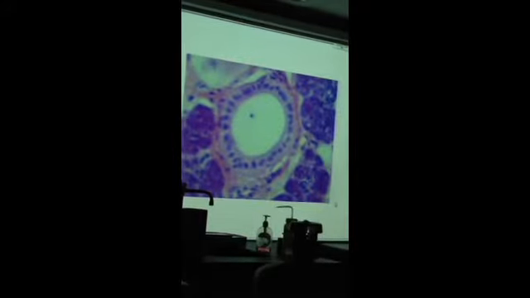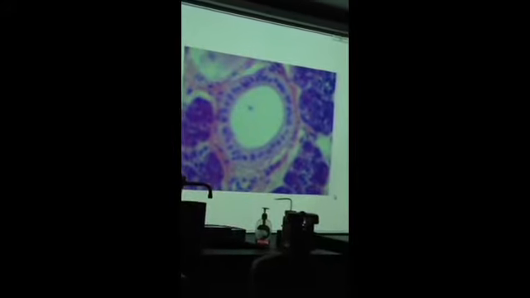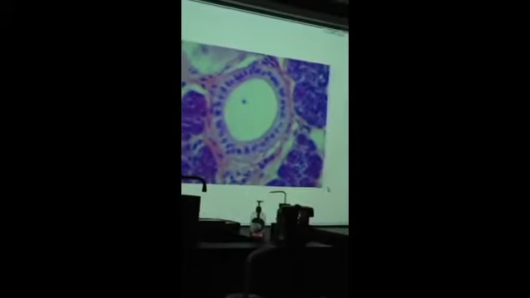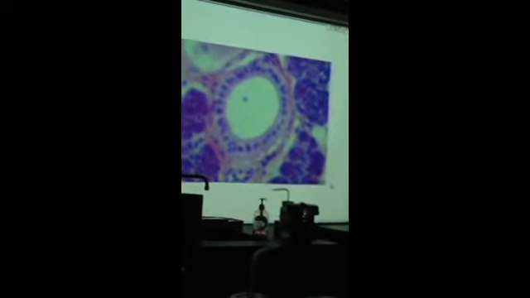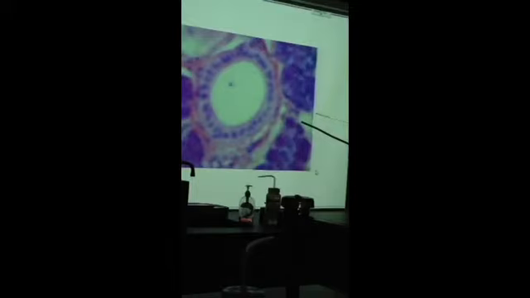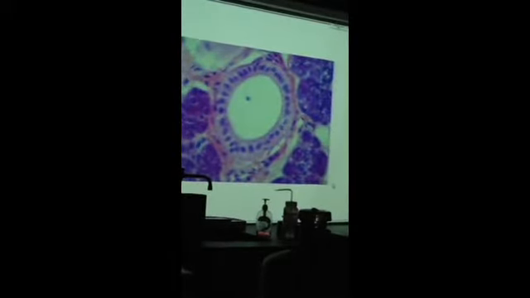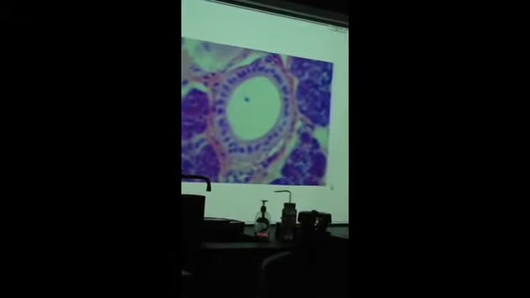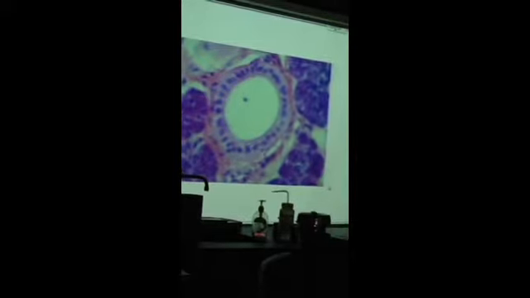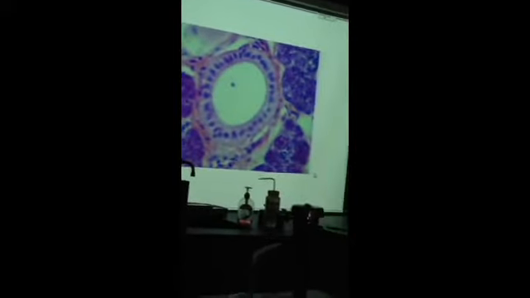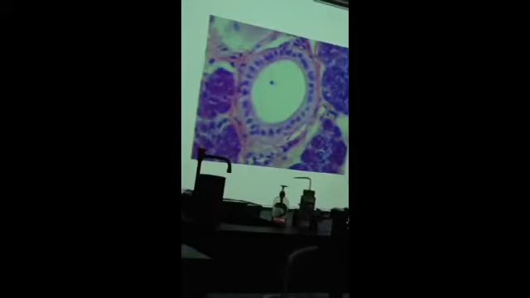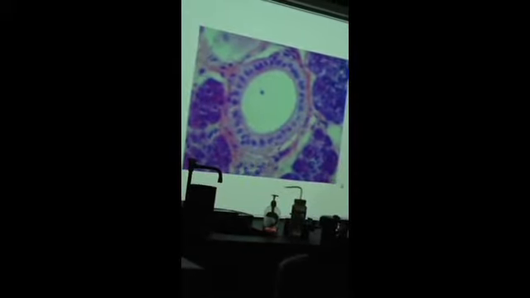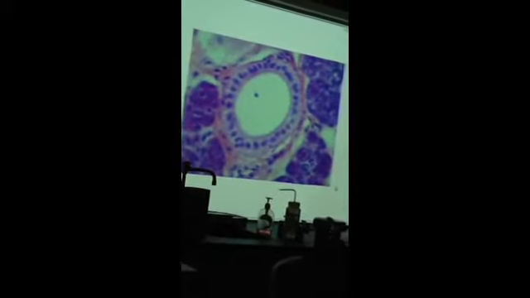Here's a very good salivary gland duct. And what kind of epithelium do we have here in the wall? Look at the nuclei. They're round, single layer, which makes this what? Simple cuboidal. And that's typical for salivary gland ducts, at least the small ones. A simple cuboidal epithelium, as opposed to the simple squamous epithelium that lines all normal blood vessels.